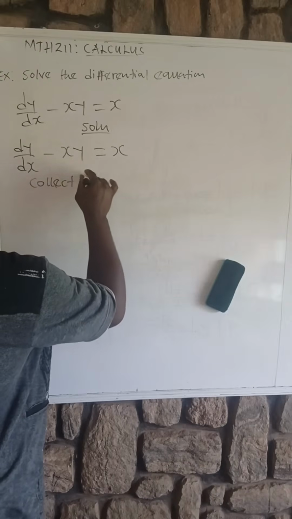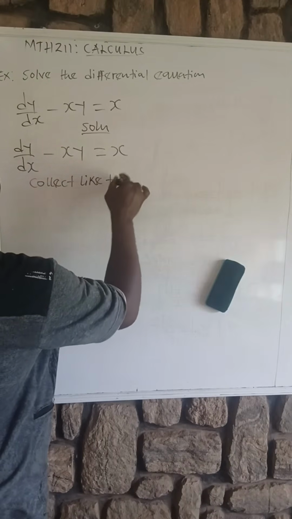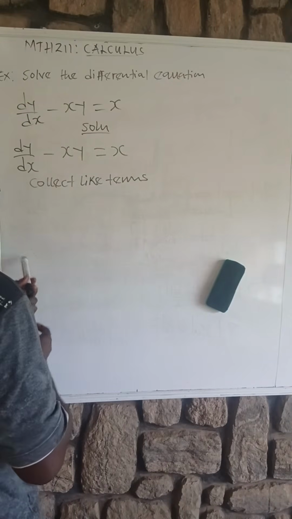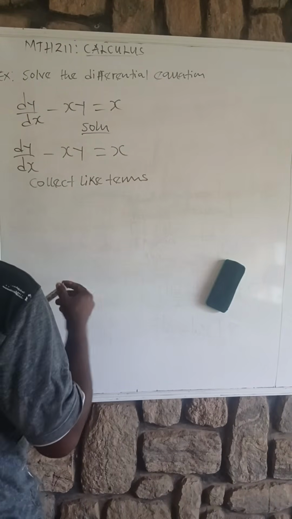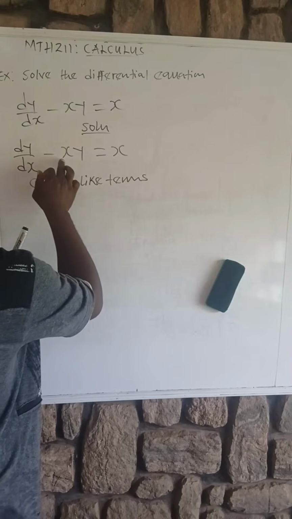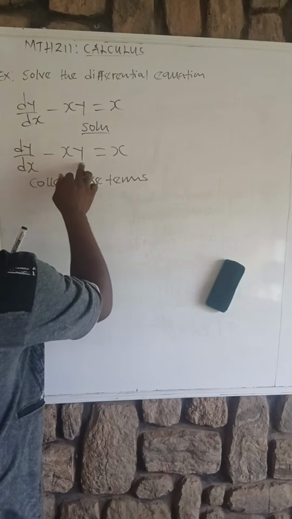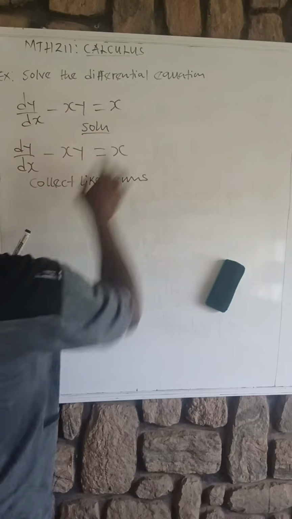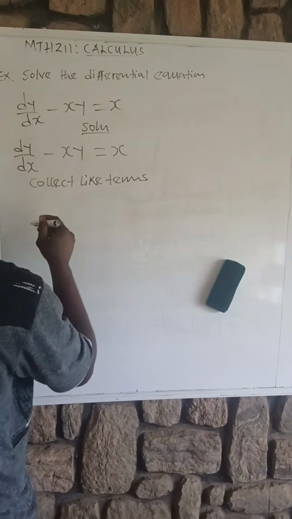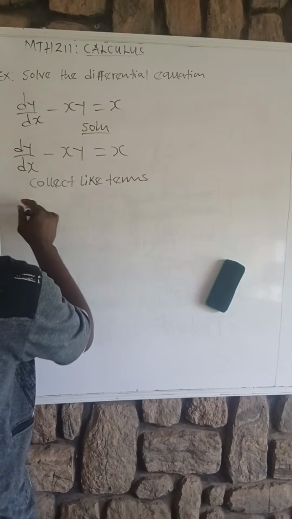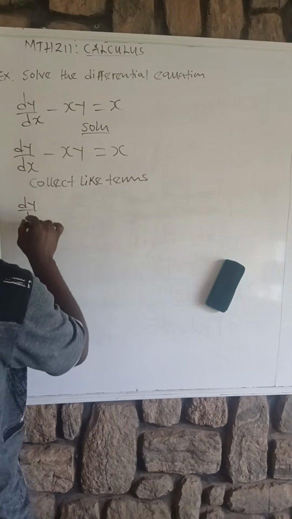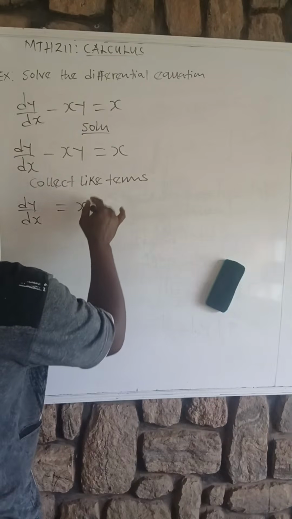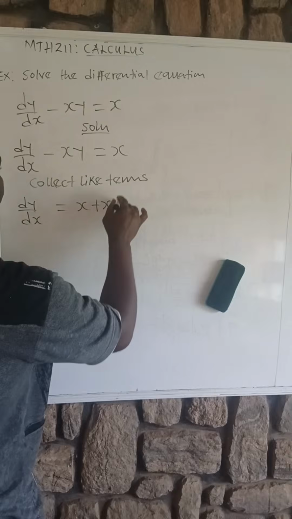Okay. So when we collect like terms, minus xy, crossing the sign of equality, becomes what? So here will now be dy all over dx equals x plus xy.